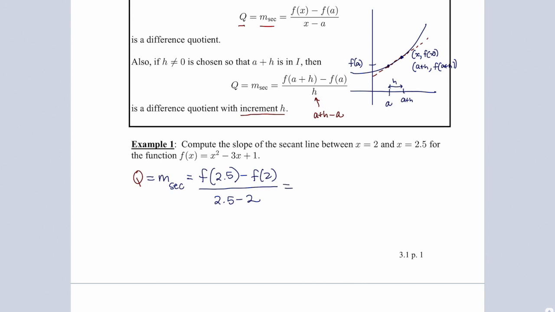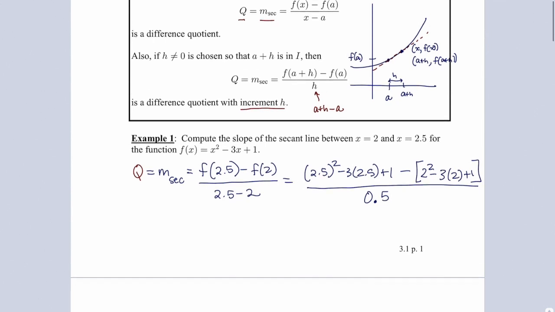So we'll probably want to grab a calculator for the change in y, but this would just be 2.5 squared minus 3 times 2.5 plus 1 minus f of 2, and we need to subtract several terms, so I'm going to put some brackets there. 2 squared minus 3 times 2 plus 1, and then that's going to be divided by 0.5. And you can see 0.5 makes sense as the change in x because that's how far I moved, right, to get from 2 to 2.5.